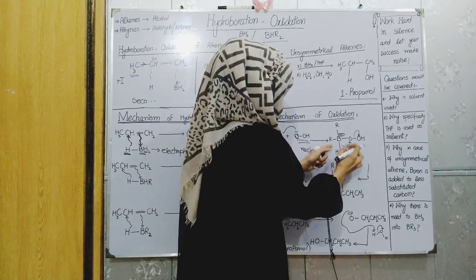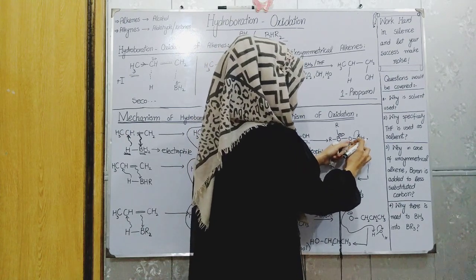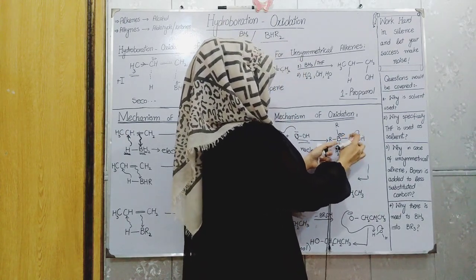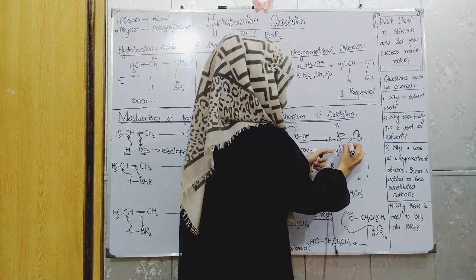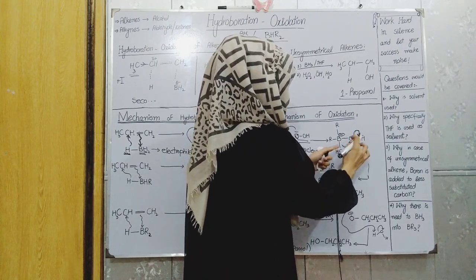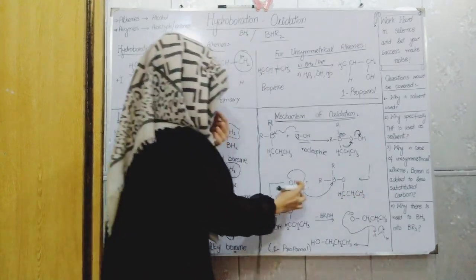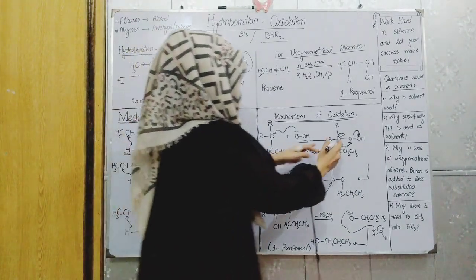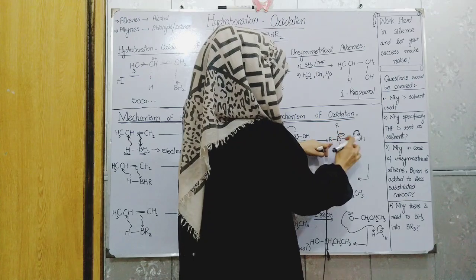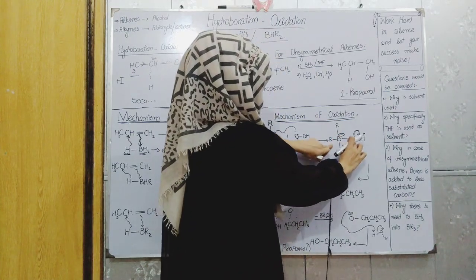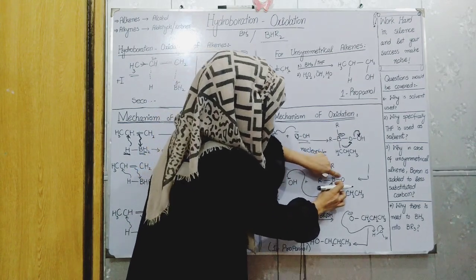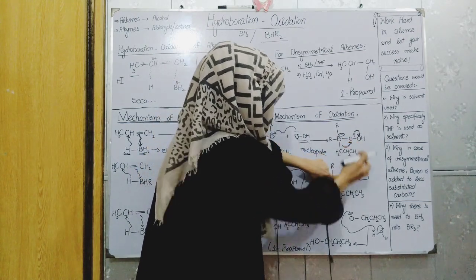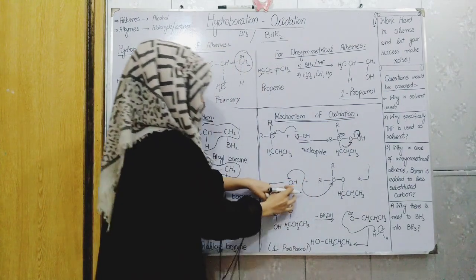This alkyl group shifts to this oxygen atom, and oxygen forms 2 bonds, and when this shifts here, the hydroxide group leaves. Boron has R, and this shifts here to oxygen, and the OH group leaves.